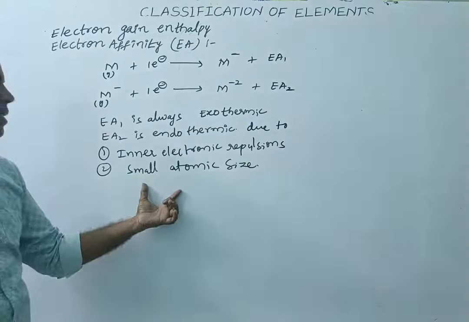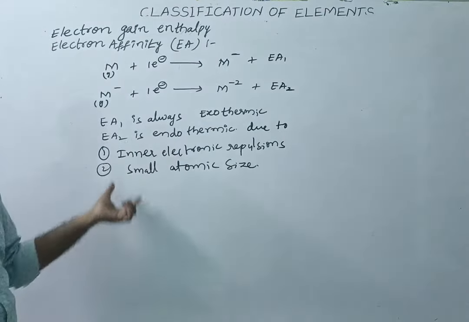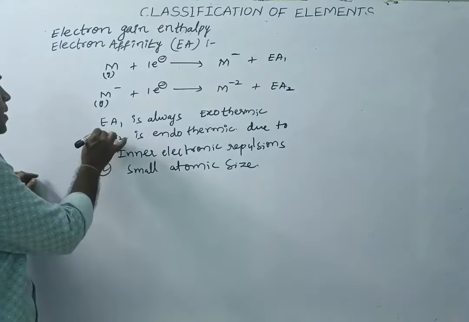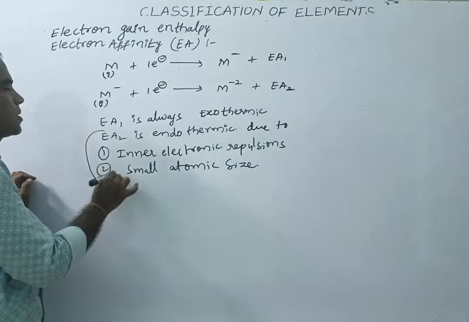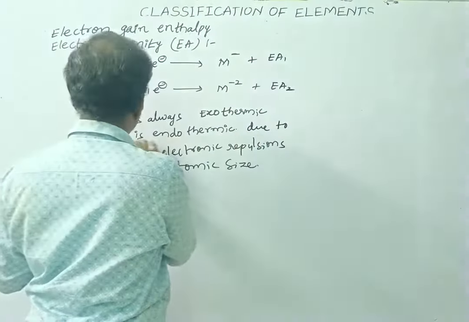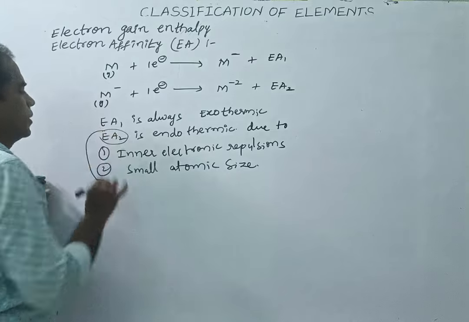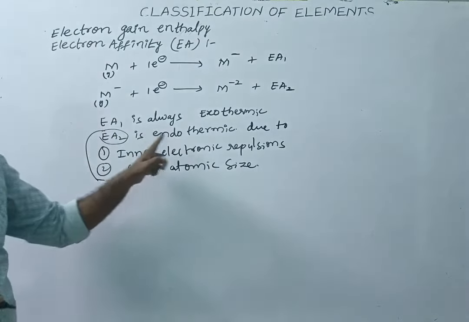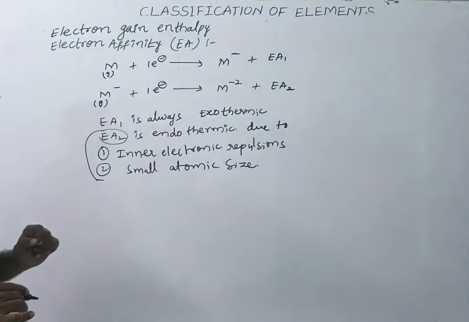Due to small atomic size and inner electronic repulsions, second electron affinity is always endothermic. Is it clear?